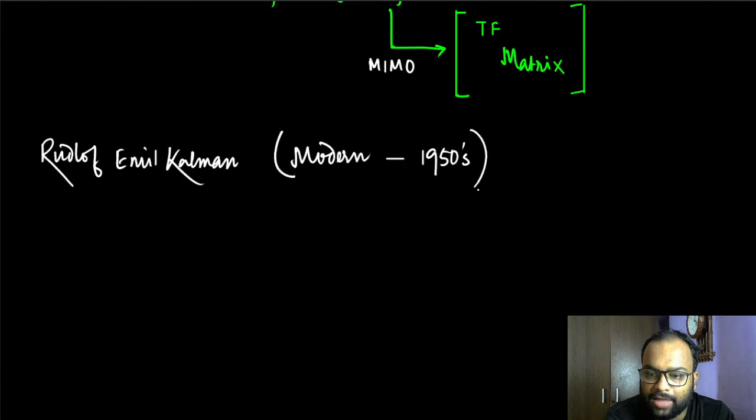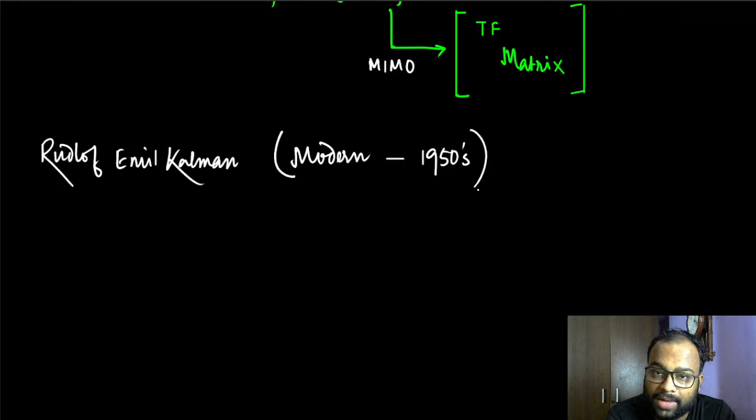Most of the other things we have discussed so far, like the transfer function related techniques, were developed at least 10, 15, 20 years earlier than this. When Kalman was developing mathematical models and different types of controllers for particular systems, he realized that often we cannot use the transfer function approach, or it becomes really cumbersome. If we are dealing with nonlinear systems, we cannot even talk about the transfer function approach.